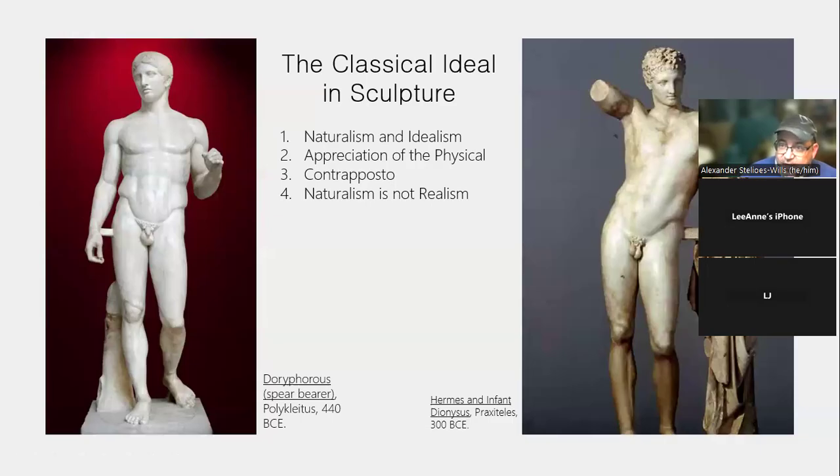Yeah, they might have used models, they would have studied anatomy, but they didn't want the sculptures to look exactly like the model, right? Because if they looked exactly like the model, then they would have looked exactly real world, too tied to the physical world. And they wanted these to look more like the ideal world.